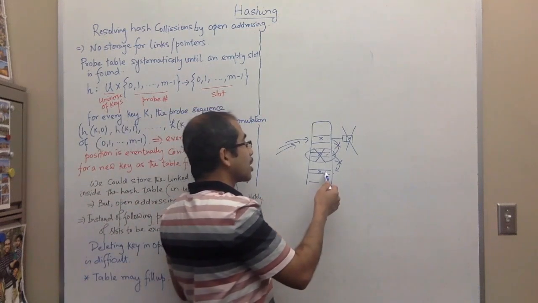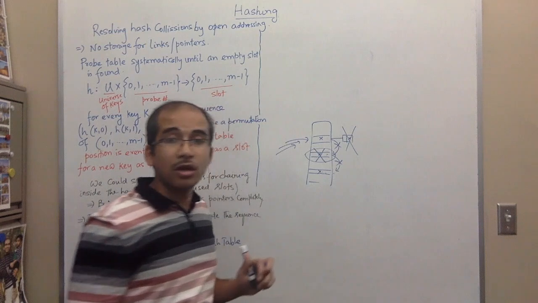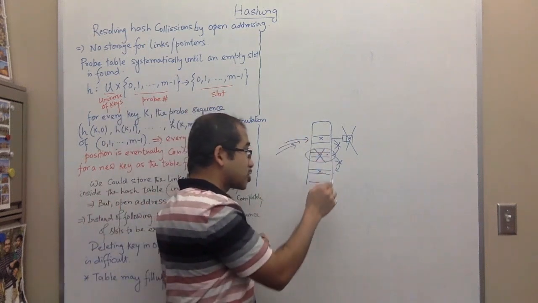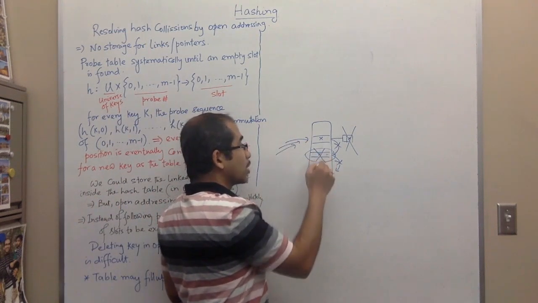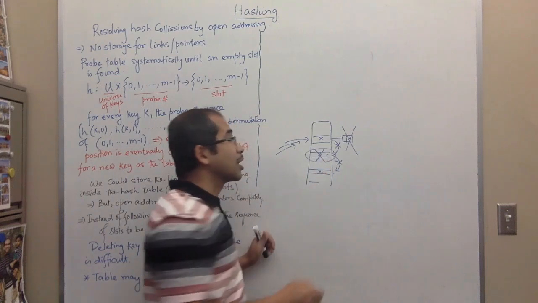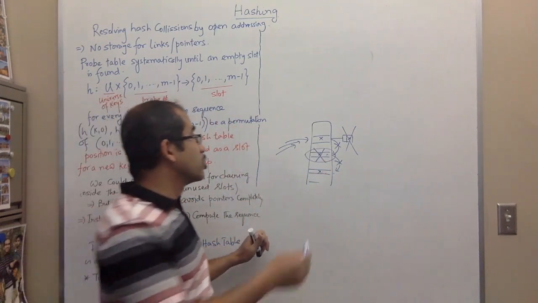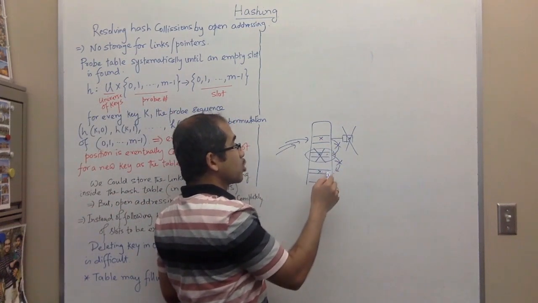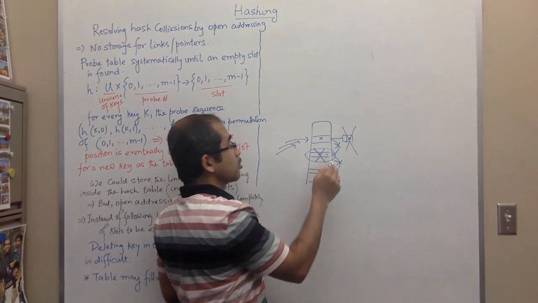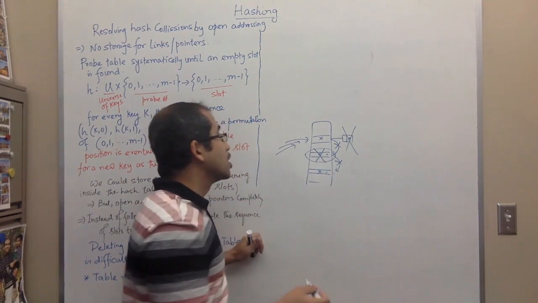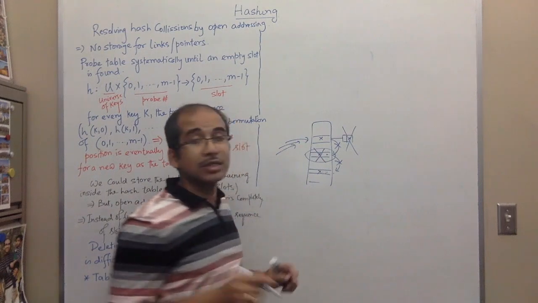Then I'll probably not even look in the third slot. This is like a chain: if one of the middle elements is broken, then we will not be able to find that location based on this location, because there is no element now. So deletion in open addressing is a little bit difficult.